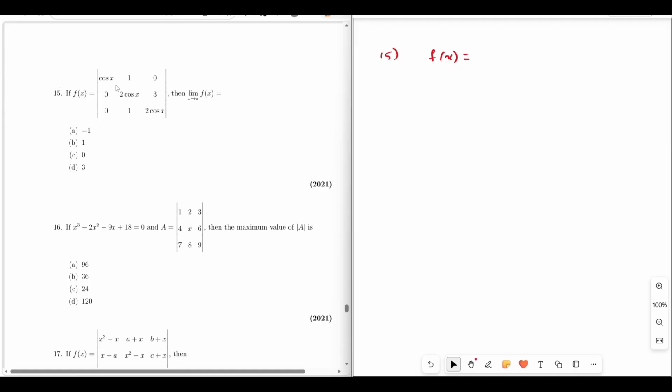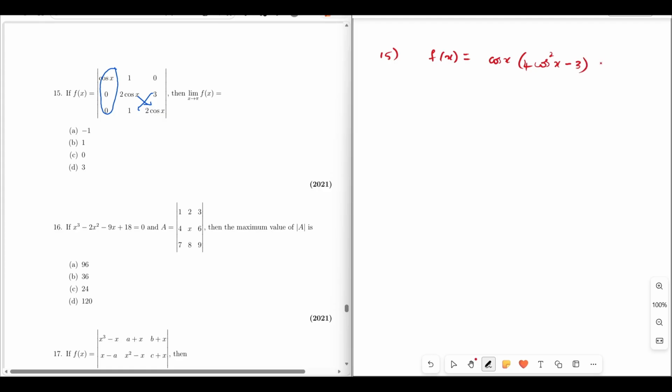So for example, to calculate the determinant of this, I'll choose this column. We take the first element cos x and multiply it by the minor of these two, so this will be 4 cos square x minus 3.